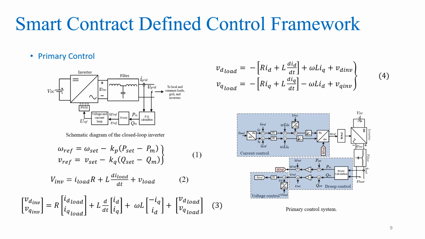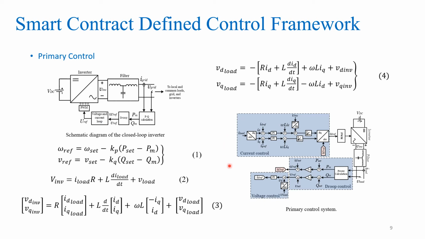Now the primary control system is developed in two stages. We have a droop control in the beginning while we are controlling the active and reactive power. That is also driving the voltage and current loop control, that is finally generating the reference signal to generate the pulse width modulation for each of the inverters. These are the mathematical equations that we used to develop both of these droop and voltage and current loop controls.